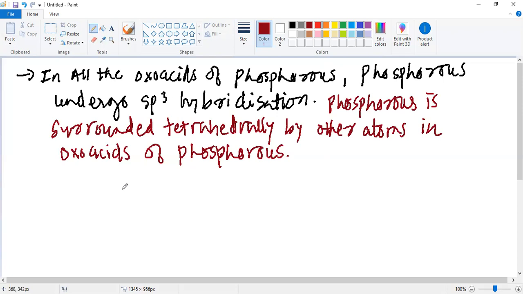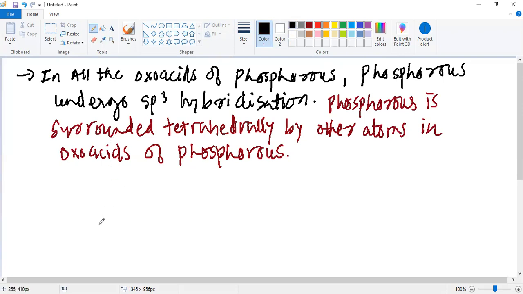So this is how we understand that in all the oxoacids of phosphorus, phosphorus has sp3 hybridization, and thus phosphorus is surrounded tetrahedrally by the other atoms.